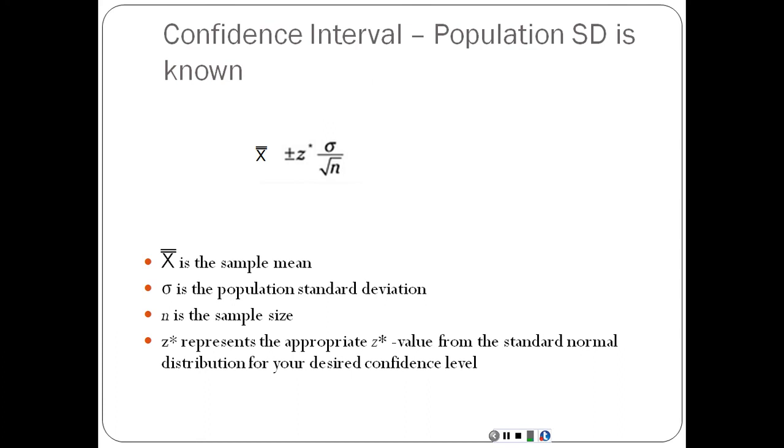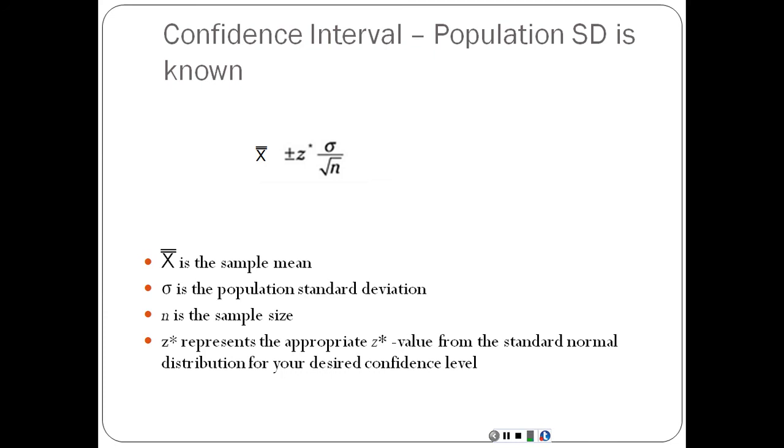So let's look at the formula for a confidence interval where our population standard deviation is known. You would use this formula here. I am really not sure why there are two lines over the x. I am so sorry about that. But here is the formula.